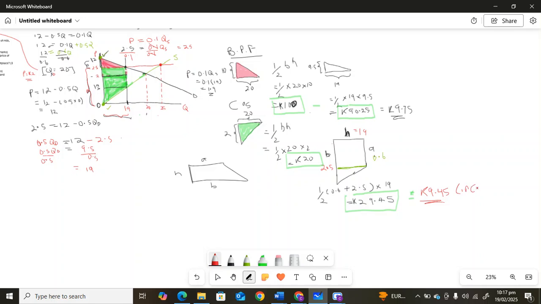When a price floor is enacted, madam, it means the suppliers can sell higher than the price floor. So here, milk, they can sell it for more than 2.5 kwacha.